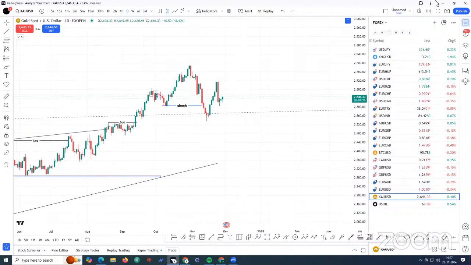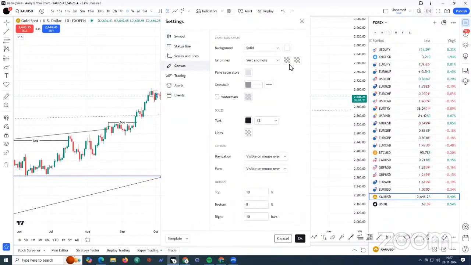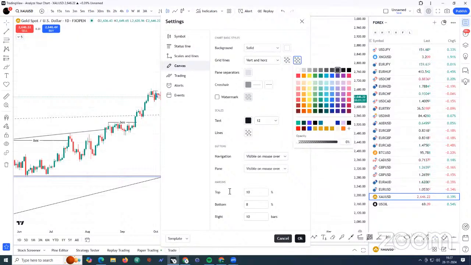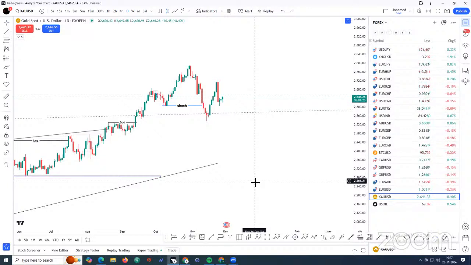And if I see only this part, so on the daily basis, it is a change of character here.